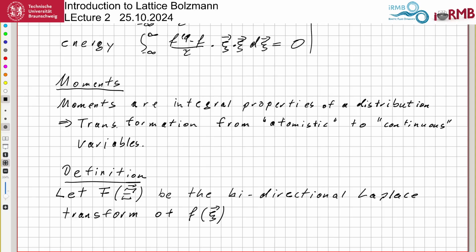And it is not really important that we use the Laplace transform. Usually I would say we use the Fourier transform, we just prefer not to deal with complex numbers. In the Laplace transform, the frequencies are complex numbers, so the imaginary part is, so to speak, already inserted in this. And bidirectional, because usually the Laplace transform is only from 0 to infinity, and now we go from minus infinity to infinity.